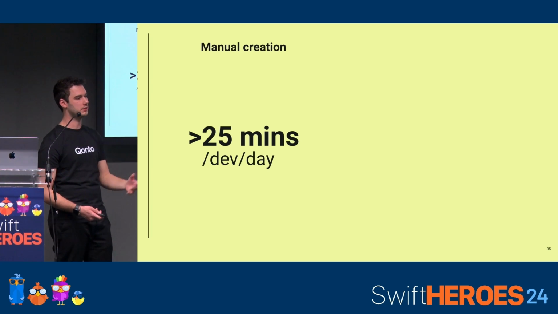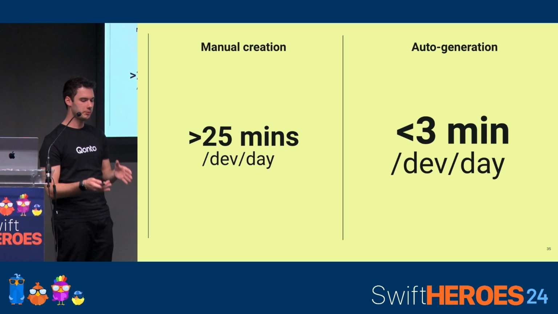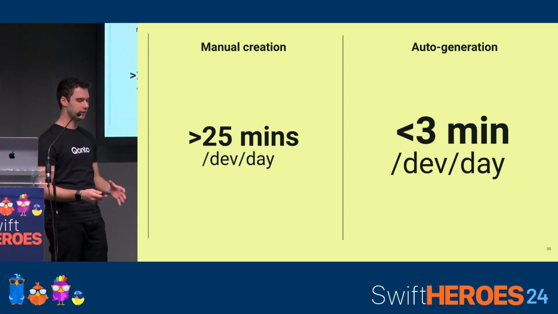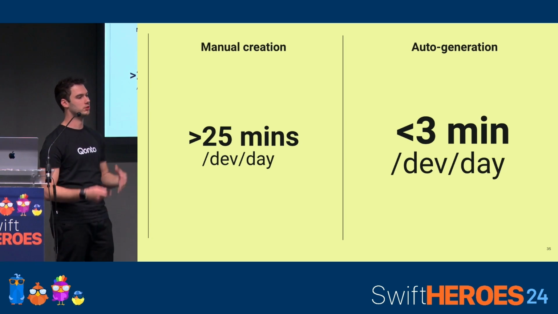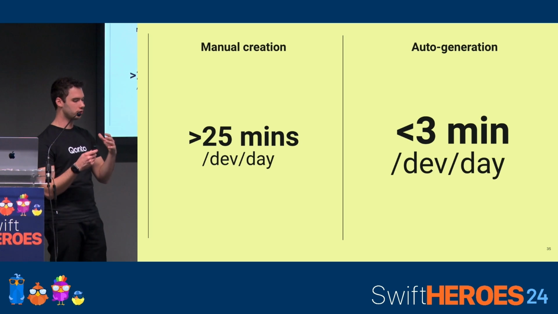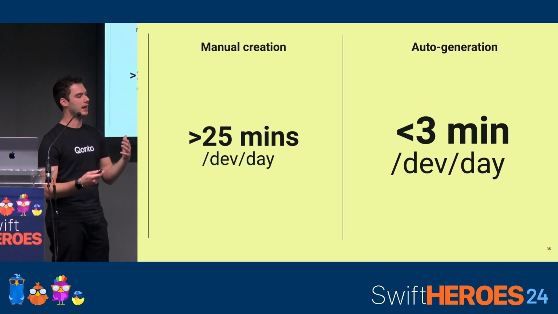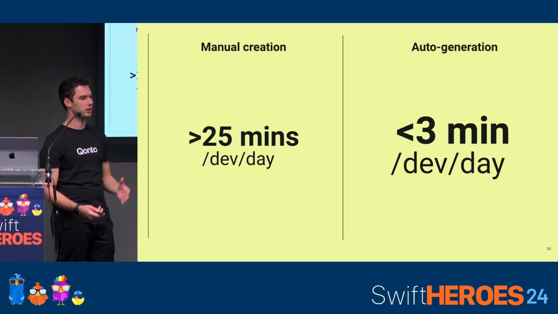This is the best case scenario for us. At Conto, in the last 6 months, we calculated that we spend less than 3 minutes per developer per day generating mocks with SwiftyMocky. So this is a huge achievement for us, and we're able to stay more productive and focus on what's important.